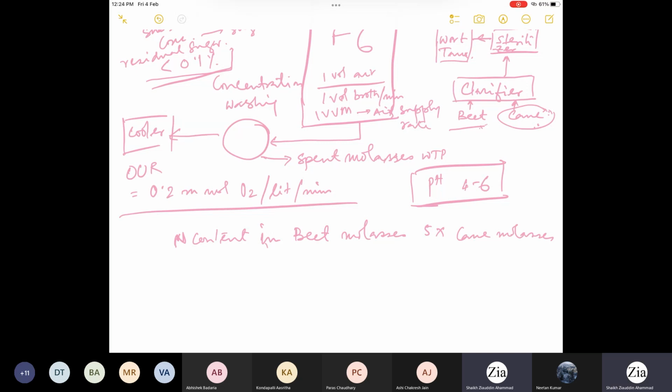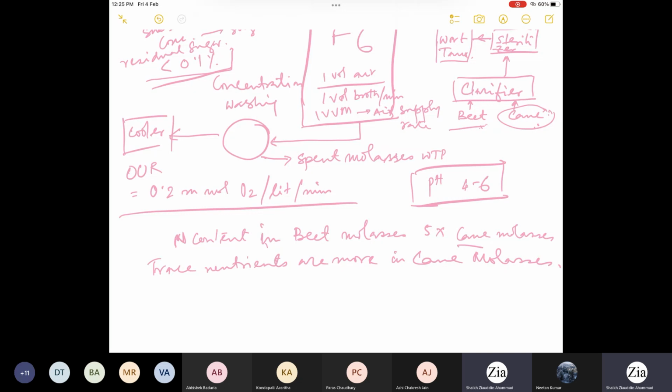Whereas vitamin content and other trace nutrients like biotin are higher in cane molasses. So nitrogen content is more in beetroot molasses, whereas trace nutrients are more in cane molasses.